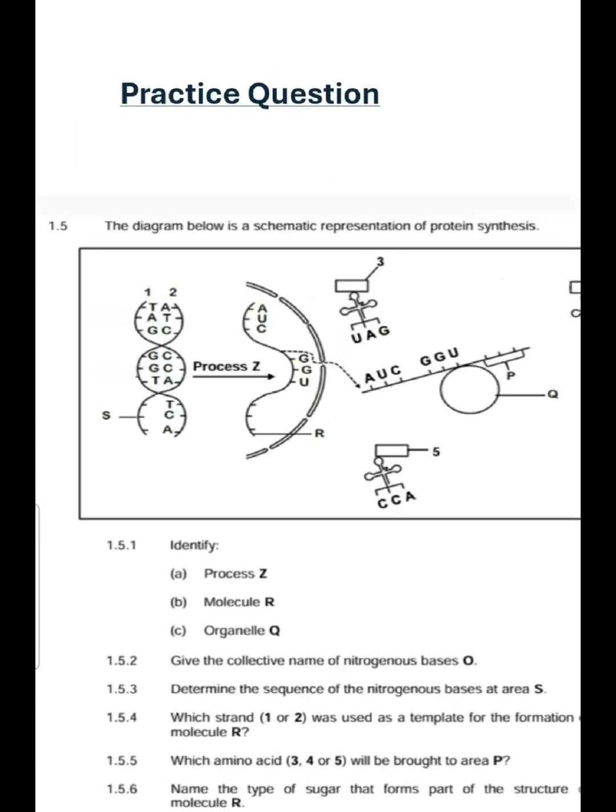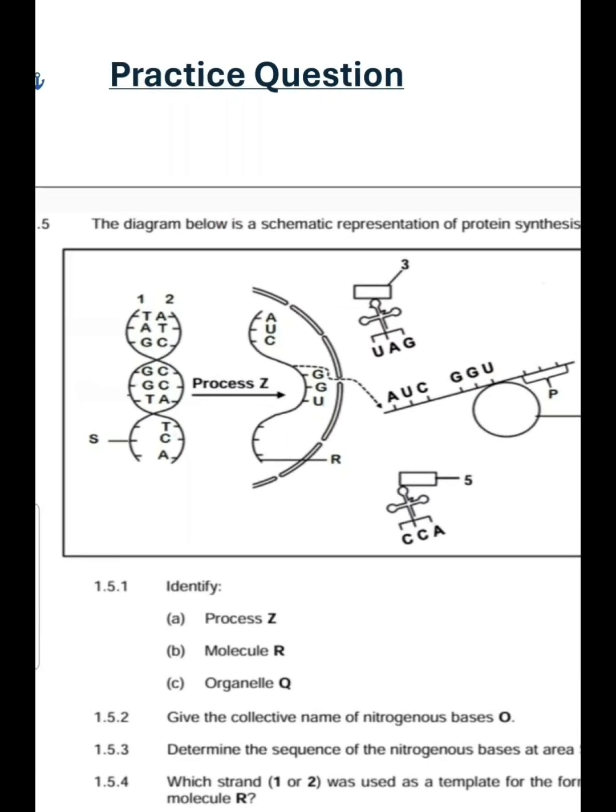Okay, let's look here. This is a thymine. What would thymine change to? Adenine on the mRNA. And this is adenine. So adenine changes to uracil on the mRNA. Remember that on the mRNA, thymine is replaced by uracil.